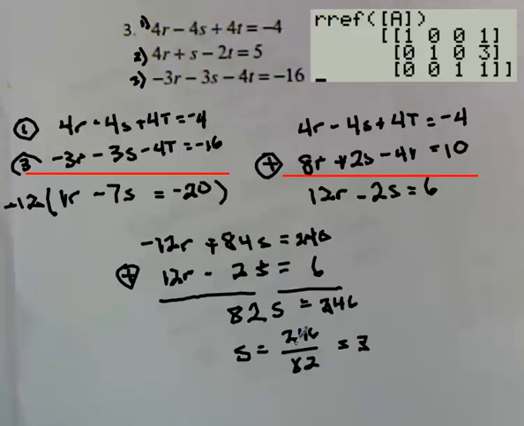Now that I have s equal to 3, I'm going to take one of these equations, and I think this one right here would be great. 1r minus 7s equals negative 20.